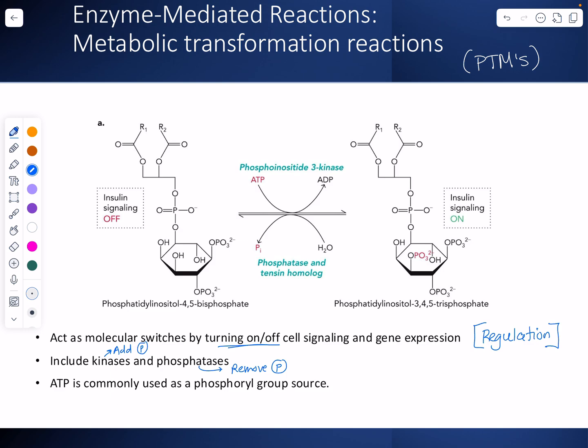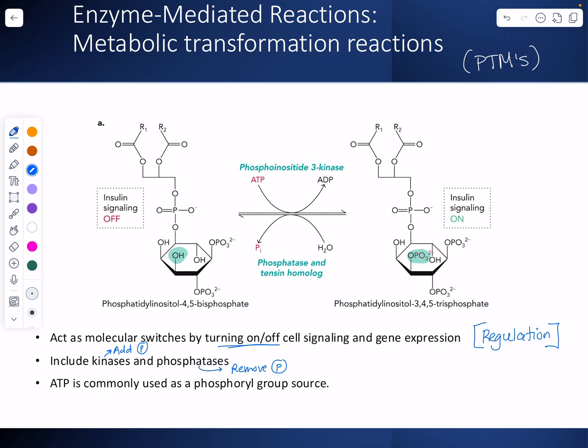So if we look at this example that's on the screen, we've got phosphatidylinositol 4,5-bisphosphate, and where are we adding the phosphate group? We're adding it onto that hydroxyl group there. Okay, so in this case, when insulin is present, it leads to the stimulation of phosphoinositide 3 kinase activity.